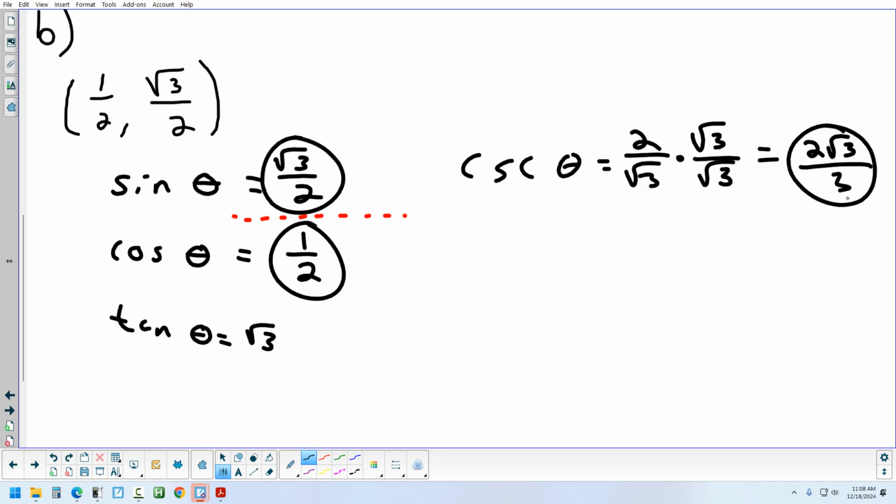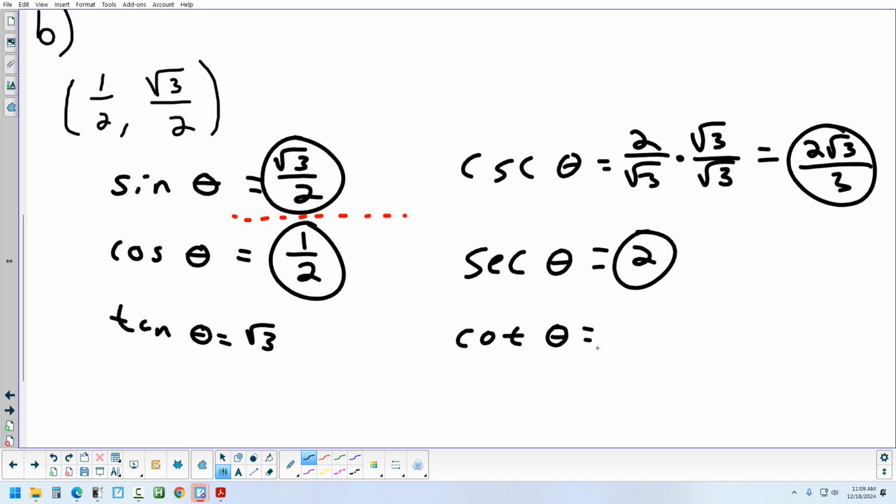What's the name of the next trig function below cosecant? Secant. And which function do you flip to get the secant? Cosine. And what do we get if you flip the cosine? 2. All right. And the last trig function? Cotangent. Which function do you flip to get that? The tangent.